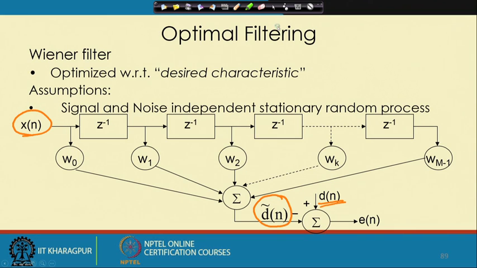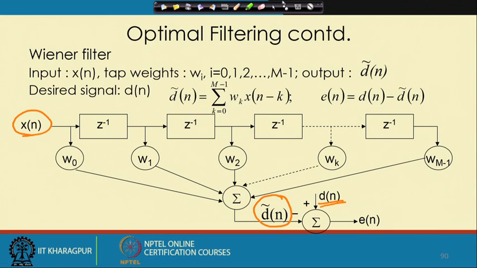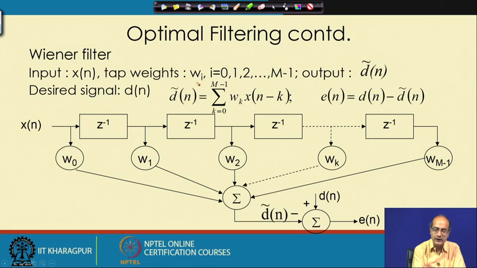We move forward. We describe that the input is x, the tap weights are W i, for i equal to 0 to m minus 1. That means the weights required are equal in number to the input signals we have. The output is d tilde n, and the desired signal is d n.